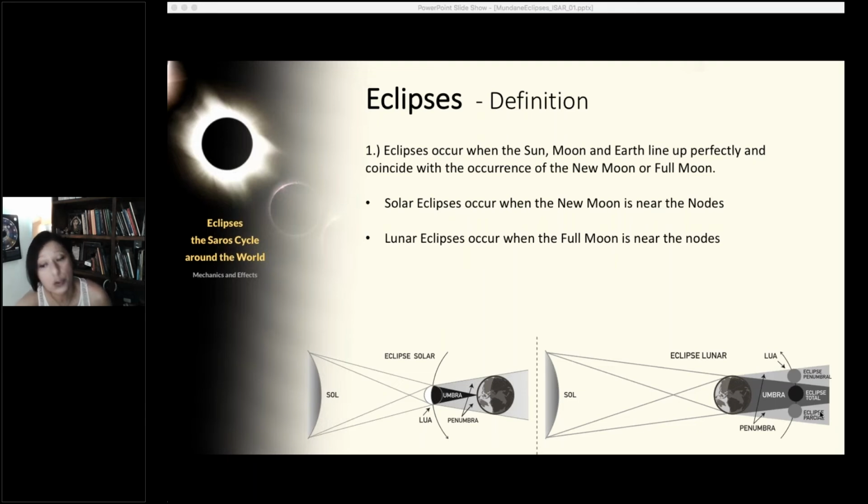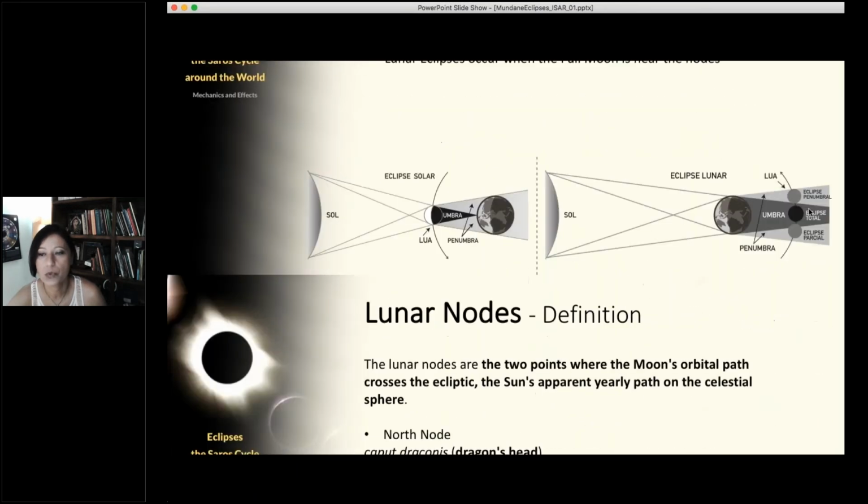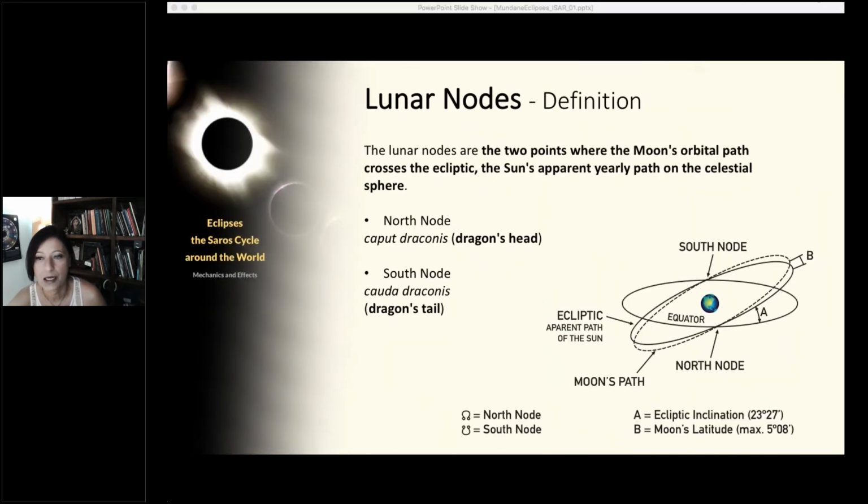The partial lunar eclipse is when just a portion of the moon goes in the umbra, and the total lunar eclipse is the blood total eclipse of the moon. But because the moon has an inclination in relationship with the ecliptic, not every new moon or full moon is going to be an eclipse.